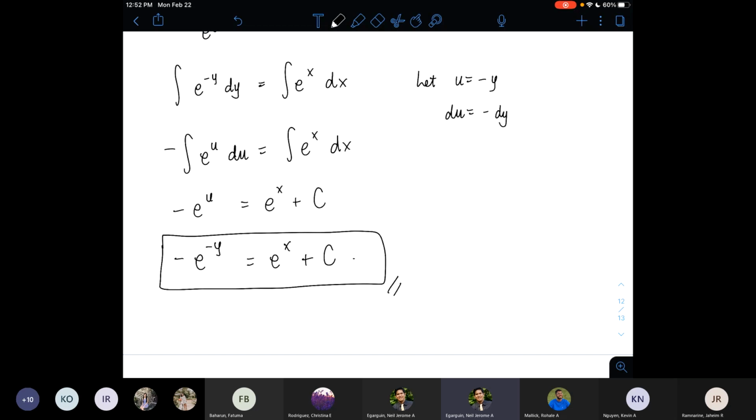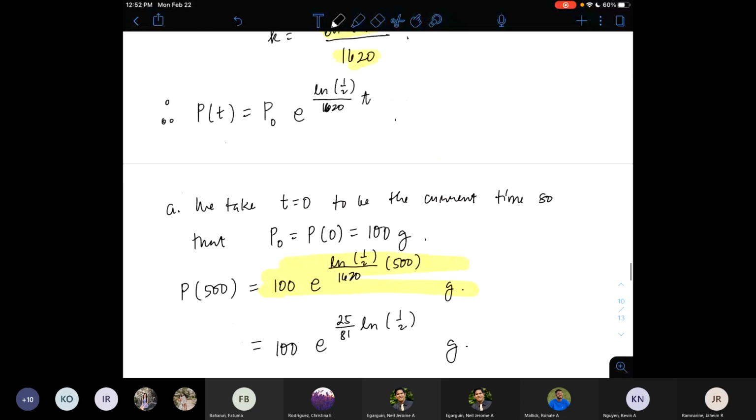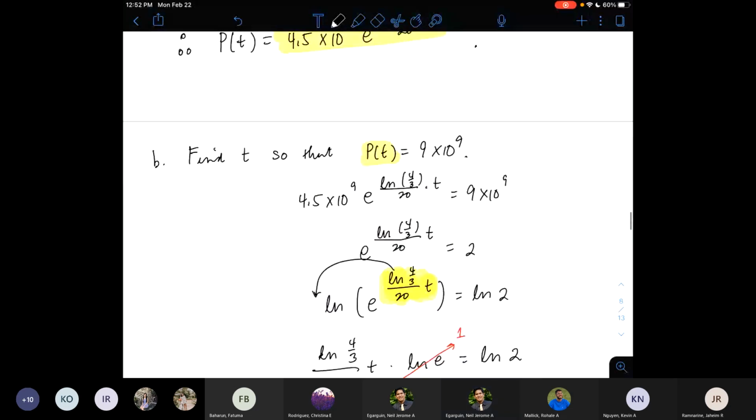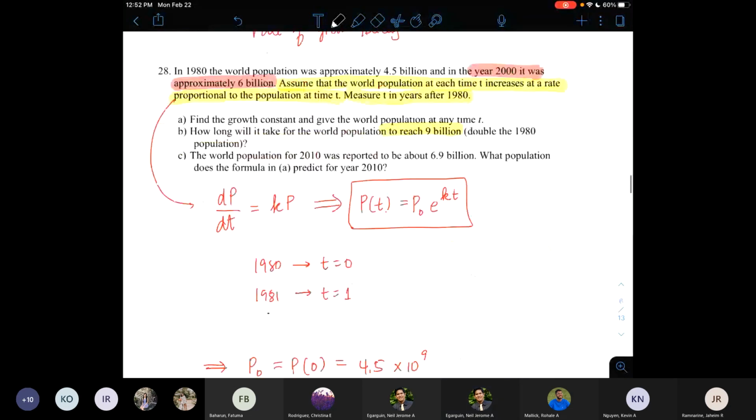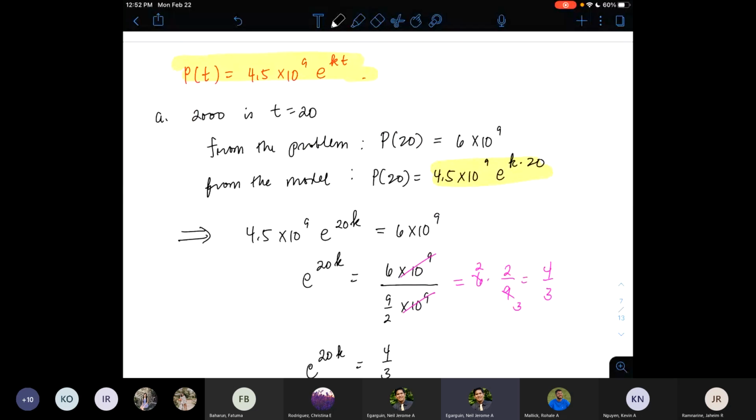Christina has a question for 22A. What do you mean? 22A, let's see. You have a different problem. So for 22A, you'll use P of negative 200.